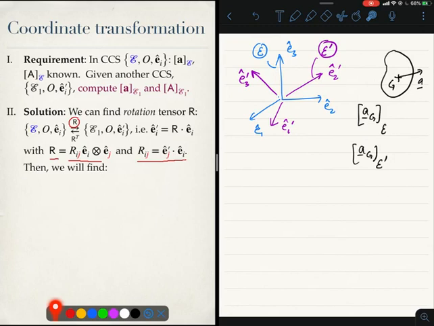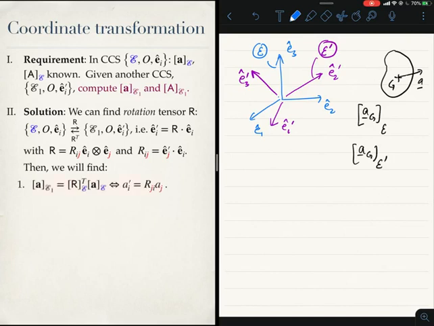Now that we know that we can relate the two coordinate systems, we can go ahead and show that the components of the vector A in the new coordinate system are related to the components of the vector A in the old coordinate system by the matrix of the rotation tensor. Note the transpose over there, and note that I have used the fact that I know the rotation tensor in the old coordinate system by that formula. In index notation, this matrix equation looks like that, and I will leave this for you to show.